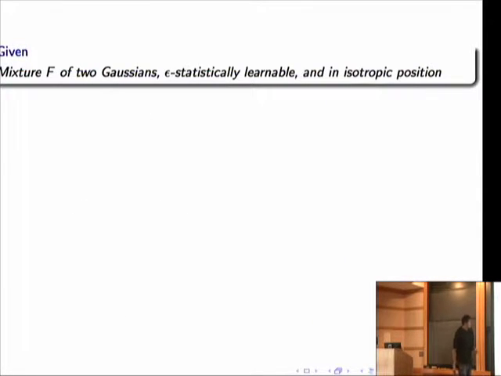OK, so as I mentioned, I want to focus on giving additive guarantees when it's in isotropic position. So suppose we're given this epsilon statistically learnable mixture of two Gaussians. Now let's assume for the time being, for simplicity, that the mixture is even given to us in a form which is exactly in isotropic position.